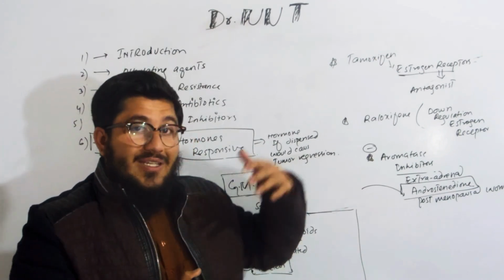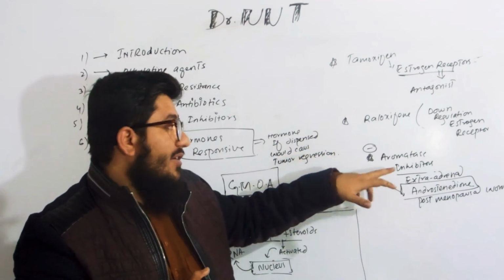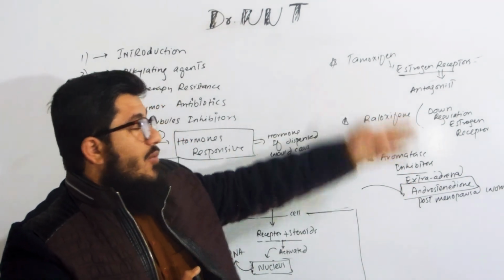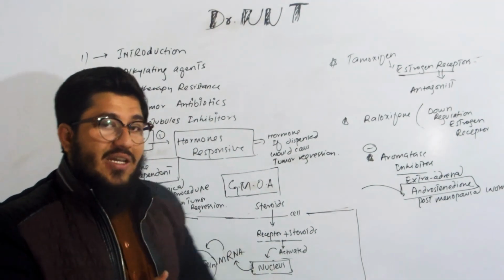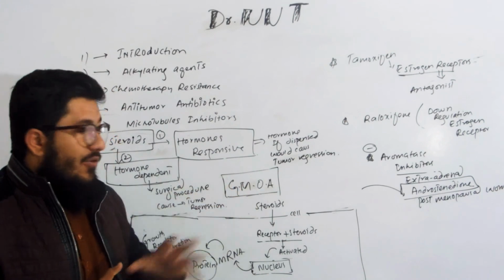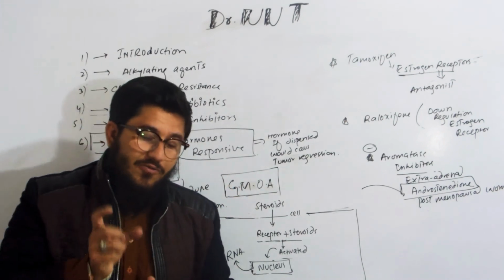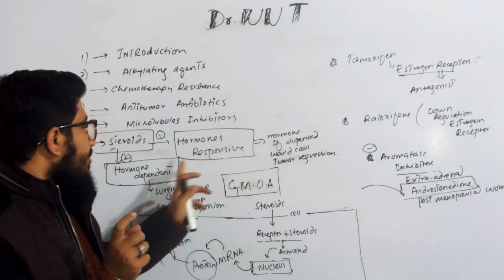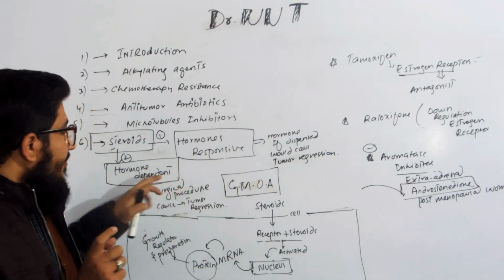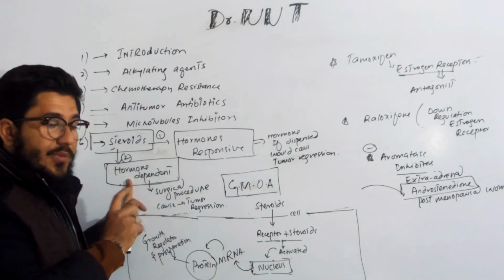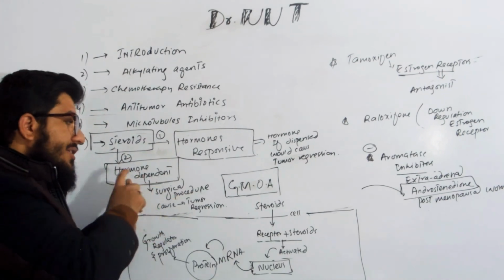So in order to stop the extra-adrenal formation of estrogen, we give aromatase inhibitors, while raloxifene and tamoxifen act as estrogen antagonists inside the cell. Now I will give you a simple example of estrogen regarding hormone responsive and hormone dependent tumors. In females, the tumor is hormone dependent, meaning that because of this estrogen there is the cancer.